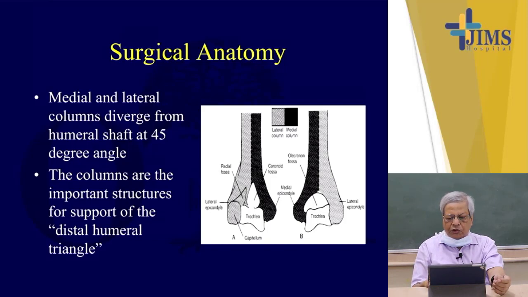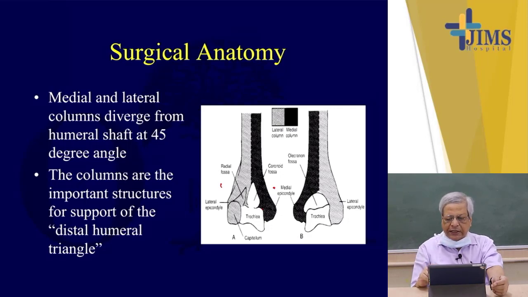This is from the trochlea. This is the medial column, and this is the lateral column. The medial and lateral columns diverge from the humeral shaft at a 45-degree angle. The columns are the important structures for support of the distal humeral triangle.